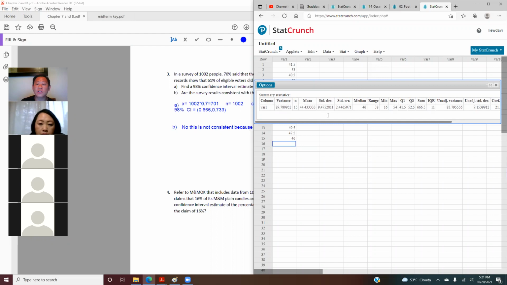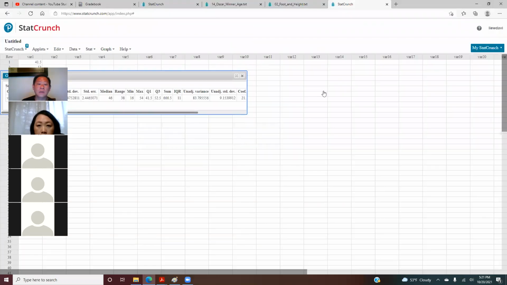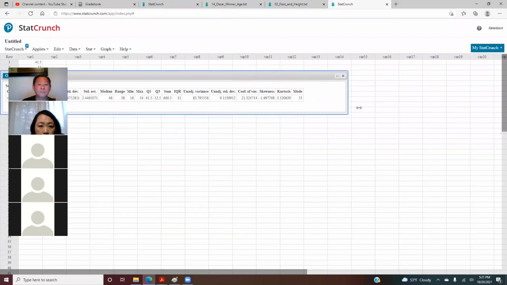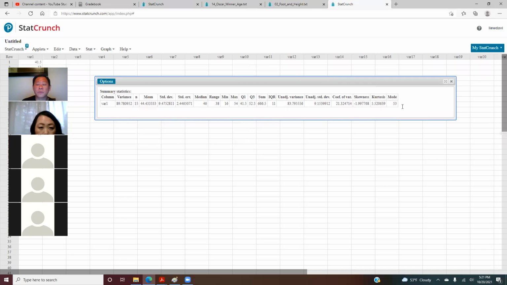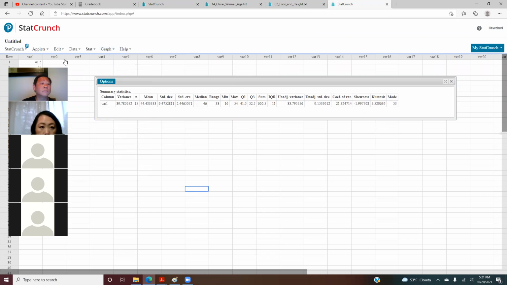The standard deviation is 6.48, somewhere around that. The IQR is 11. The minimum is 16. The maximum is 54. Again, this is out of 60. The mode is 53. So this is your summary statistic for your test.